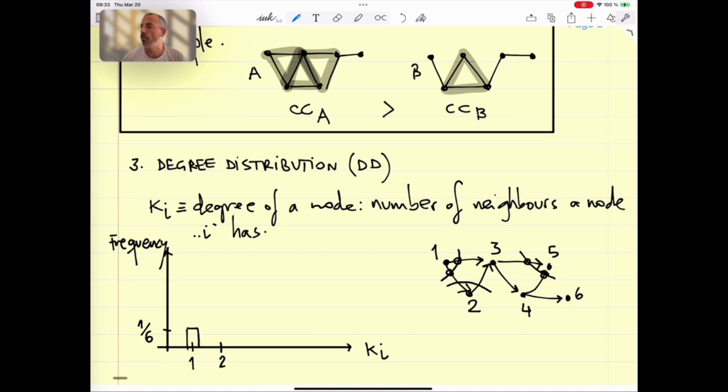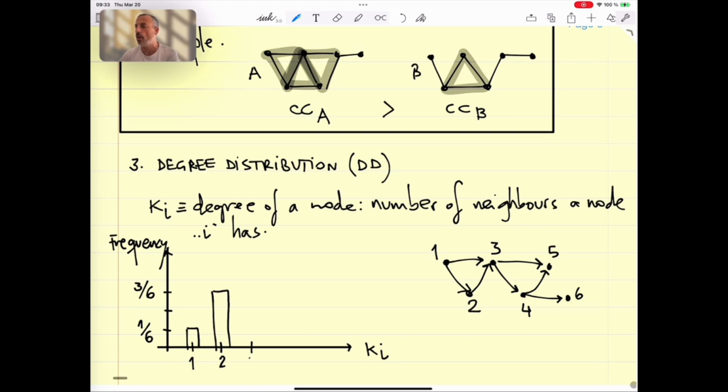So I get 3 nodes, 1, 2, and 5, because 4 has 3 and 3 has 4. So 4 was not correct. Does it make sense? 1, 2, and 5. Good. Then we have 3 nodes with 2 connections, with degree 2.